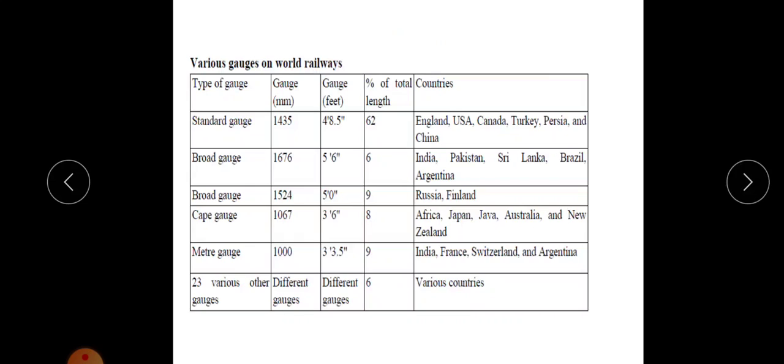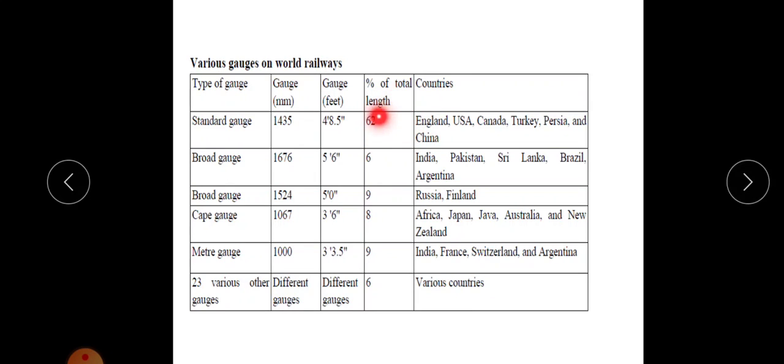And this table shows various gauges which are provided in our world. Okay, so standard gauge means the distance between the inner faces of the rails is 1435 mm or 1.435 meters. And this standard gauge is provided in around 62% of the total length of railway in the world.